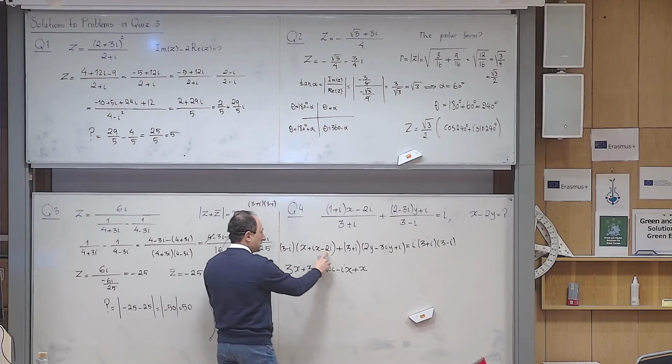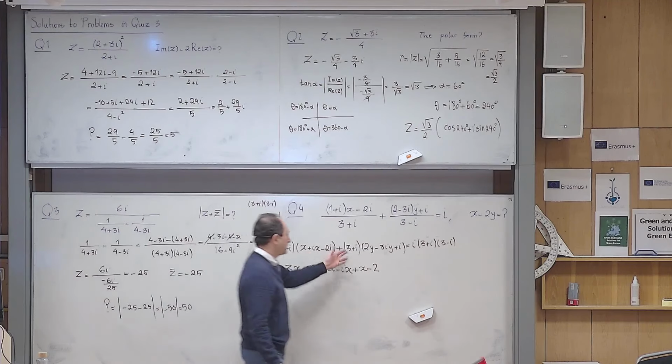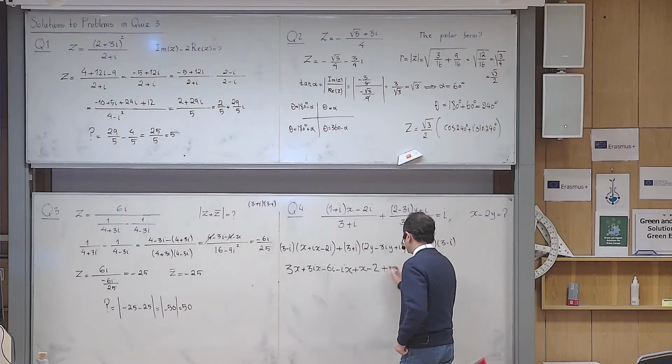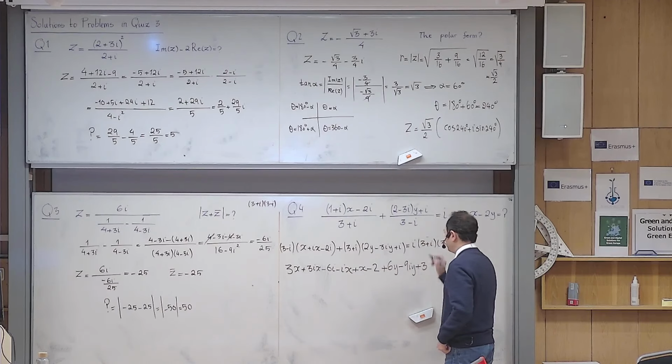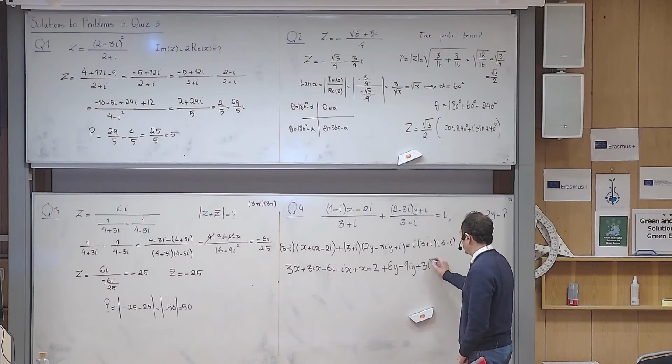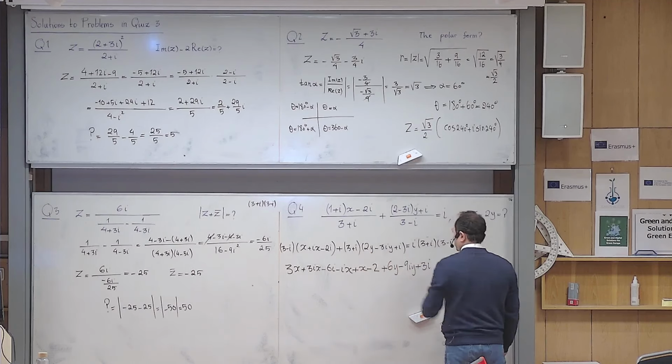But i squared is minus 1. And then I do this one. So it becomes plus 6y minus 9iy plus 3i. Sorry, 3i, 3 times that, correct? That's correct. And then I go to i.